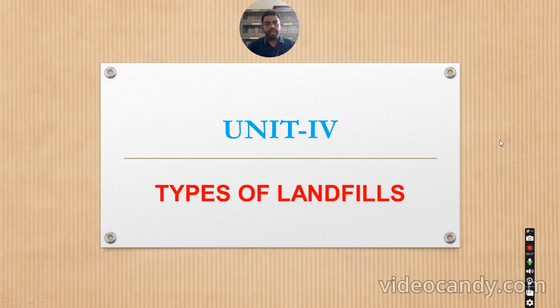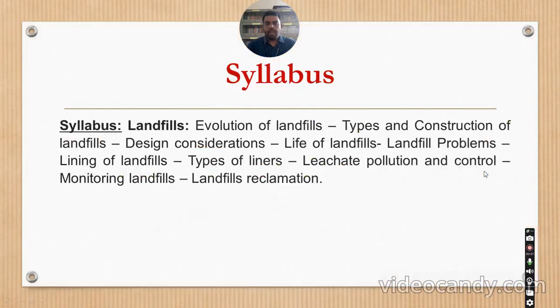Types of landfills. This topic is considered in solid waste management, in the fourth unit. First of all, you have to explain the syllabus.